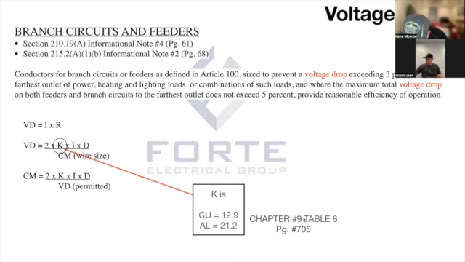To where it says 0.0129. That's your uncoated copper ohms per KFT. Okay, highlight that.